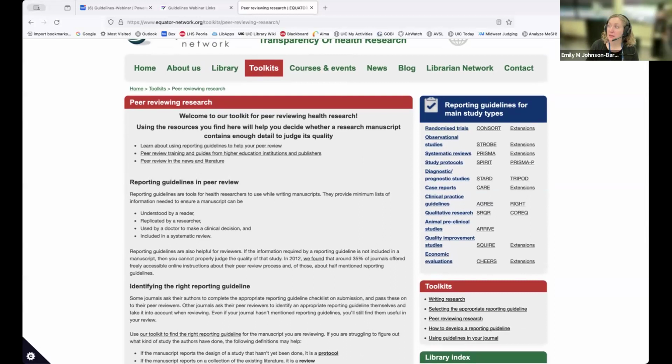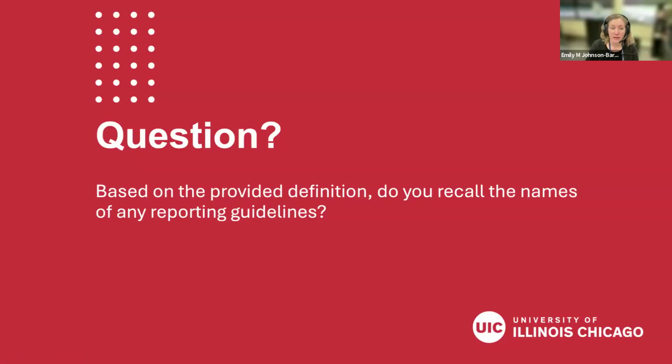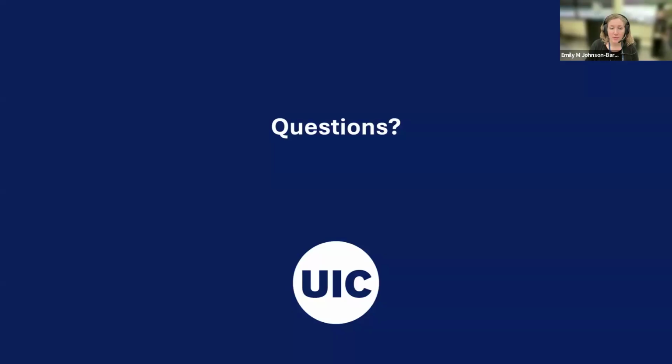So I'm going to change my share again, go back to my PowerPoint, and wrap up here. So obviously, there's a lot of information out there because there's a lot of reviews. You have to understand how to conduct them as well as report on them in a transparent way.